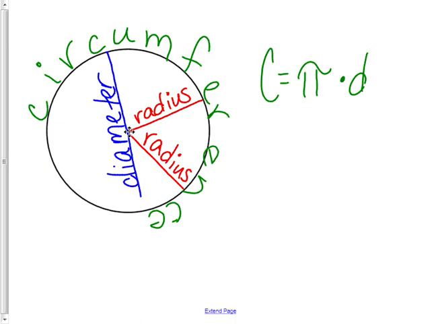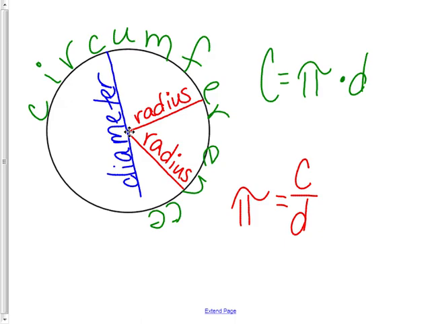Every single circle has a relationship where the circumference is approximately 3.14 times the diameter. So really, pi is the ratio of the circumference of a circle to its diameter. So circumference divided by diameter always has to equal pi, 3.14.